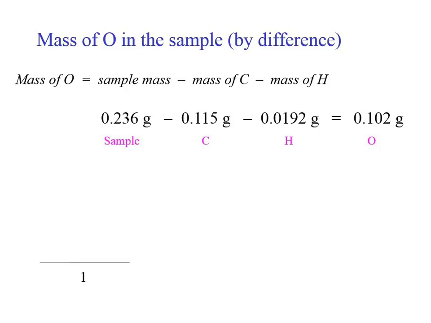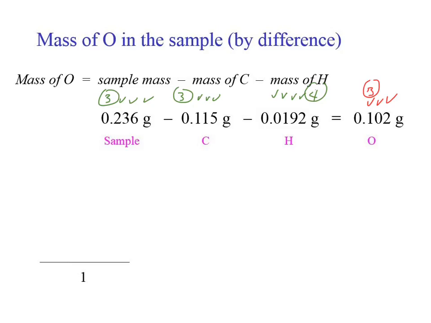So I'm looking at 3 decimals here, 3 decimals here, and a whopping 4 decimals here. And we're always conservative, so we have to go to 3 decimals. Okay. So that's our grams of oxygen.